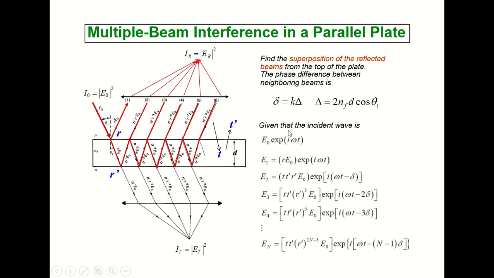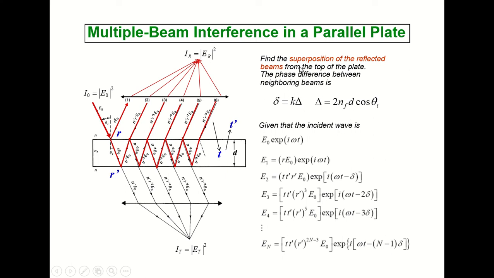So the incident wave amplitude is E0 e raised to i omega t, then E1 is the amplitude corresponding to the reflected wave, and E2 is the amplitude corresponding to the reflected wave again, that is t dash r dash.